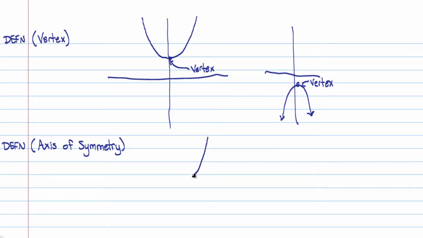Draw a parabola in free space without any axis on it, and there'll be a line of symmetry, this one right here. It cuts it in two, where it's a mirror image on both sides, and this line of symmetry is known as the axis of symmetry.